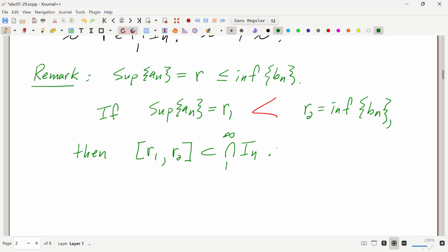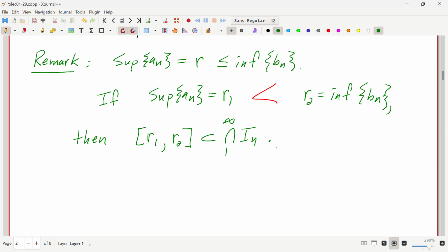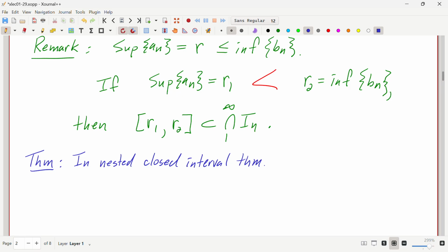Okay. And the next theorem in the book, which I'm not going to dwell on because it'll be excruciating to do that again. Here's the next theorem. If the lengths of the intervals go to 0, then of course the intersection can only contain a single thing. So in the nested closed interval theorem, here's how they say the lengths go to 0.